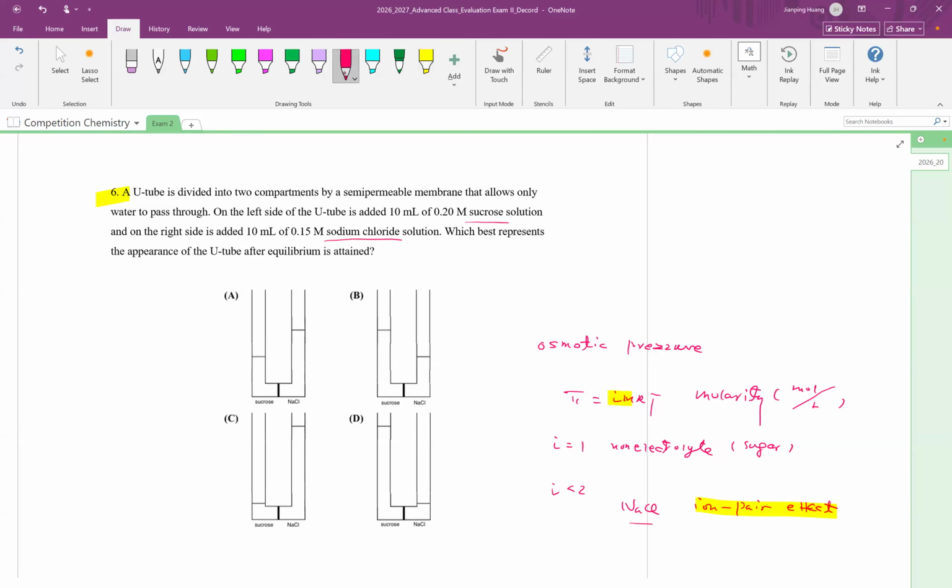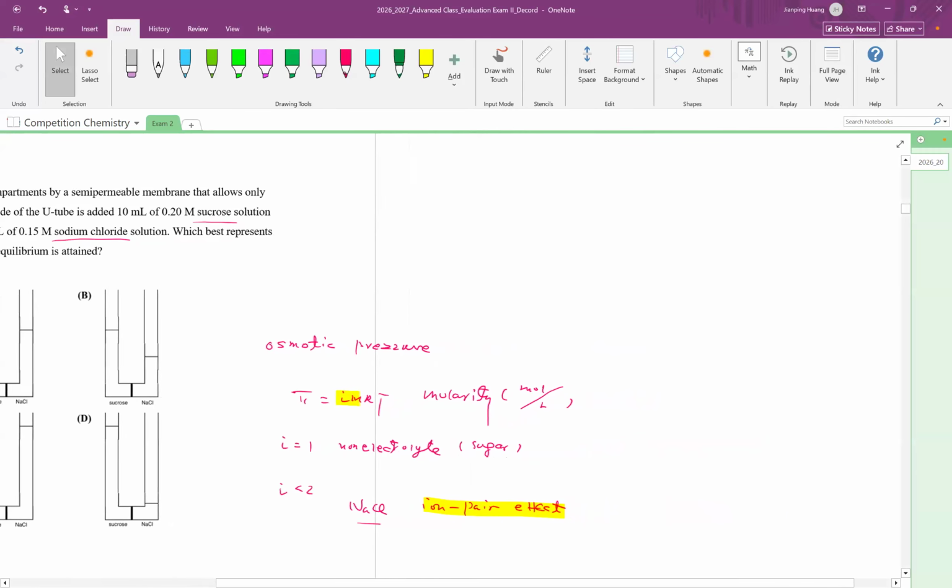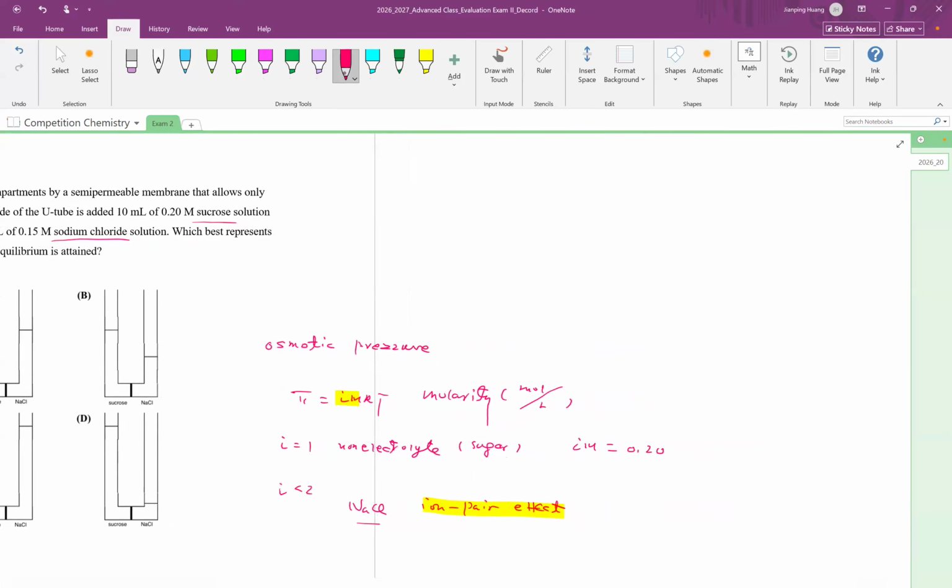Now you can look at what we can do. For the sugar, iM at 100% is 0.2. Now for sodium chloride, that one iM should be close to 0.3. Now you know that, right?